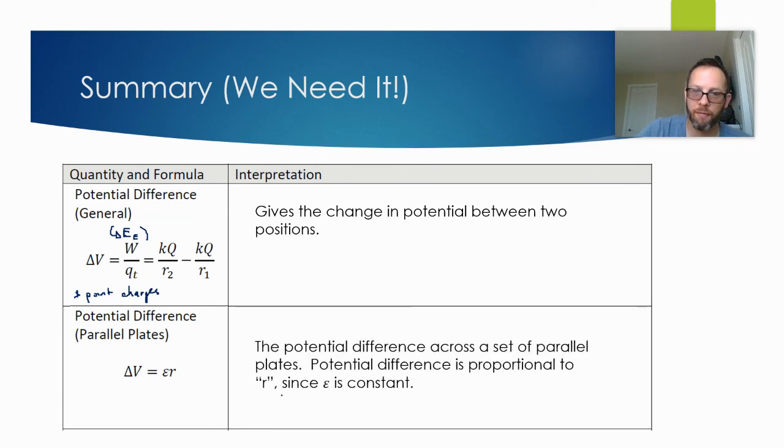So this is the potential difference across a set of parallel plates, and potential difference is proportional to R since epsilon is constant. So it's my hope that summary table just makes things a little bit more palatable for you.